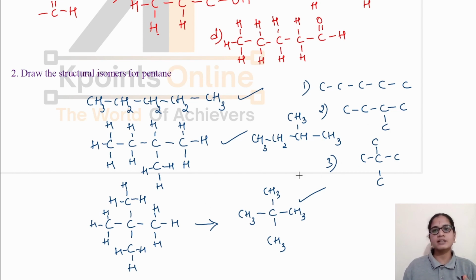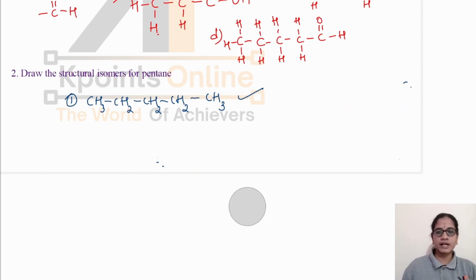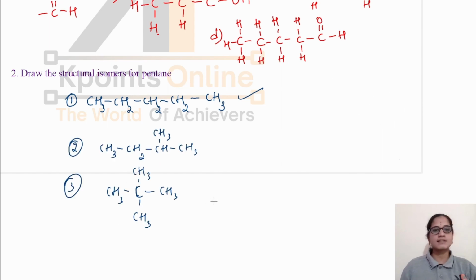When satisfying the remaining valencies of carbon, we will get the different isomers here. You can check all of them have the same molecular formula, only their structures are different. So these are the 3 structural isomers for pentane.